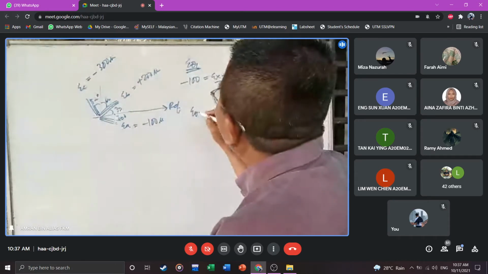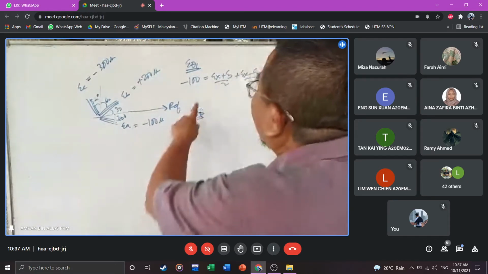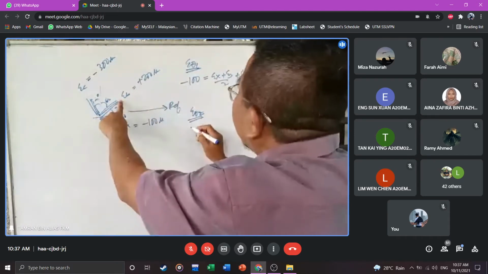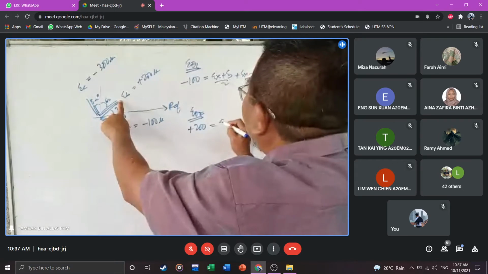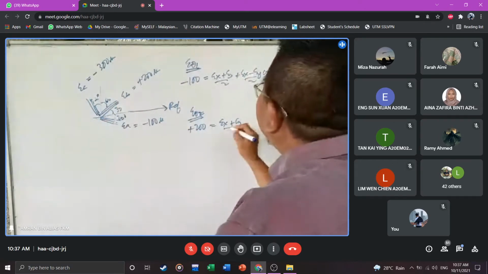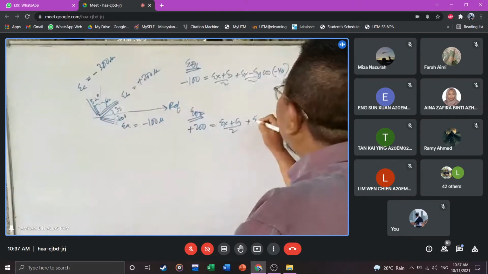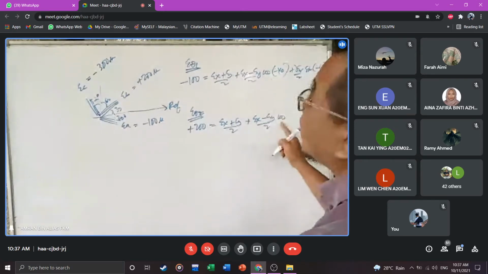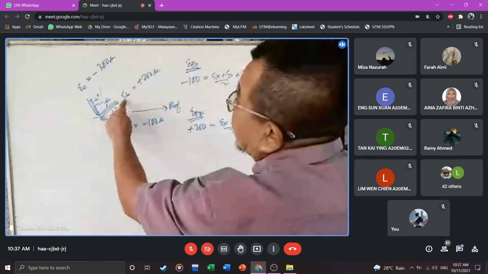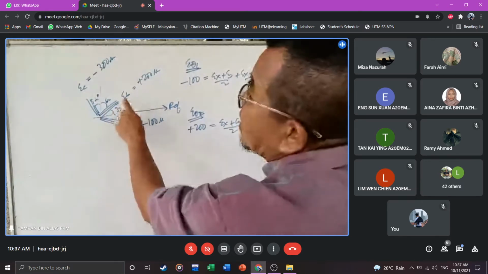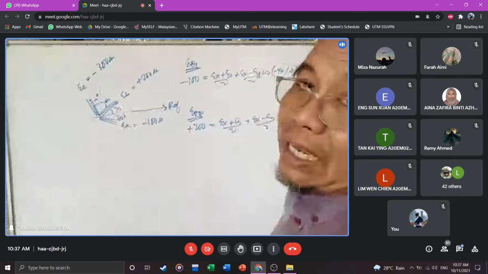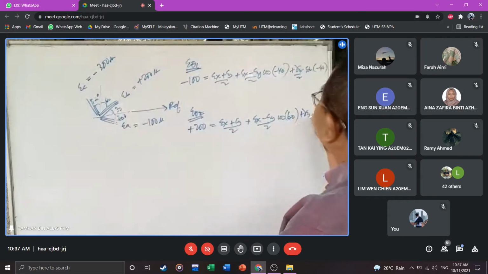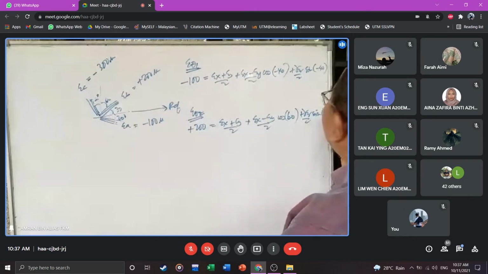For E theta 2, write the equation. Positive 200 is equal to Ex plus Ey over 2 plus Ex minus Ey over 2 cos, be careful, the angle here is positive 30, and then times 2, 60 now, plus gamma xy over 2 sine 60.